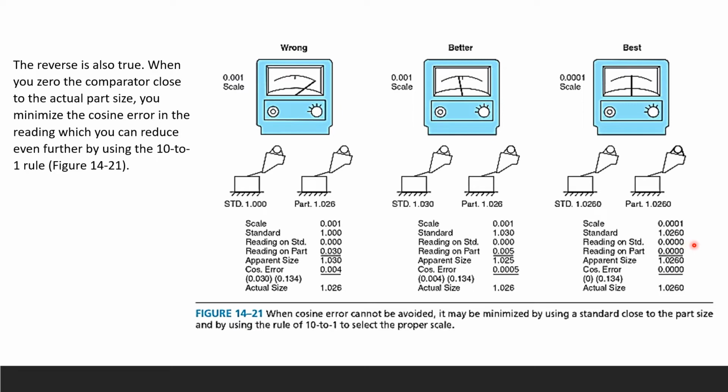Reading on the standard is just 0. Reading on the part is 0. So apparent size, you add them up. Since the reading is completely 0, the cosine error is 0, you have nothing. And your actual size is going to be, you add them up. Since there's no cosine error, this measurement device is the best.